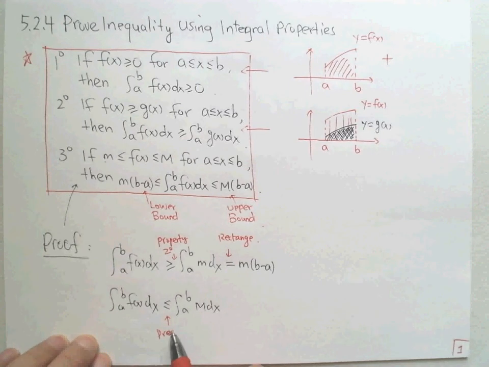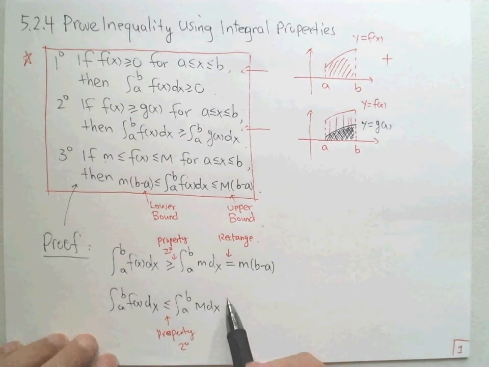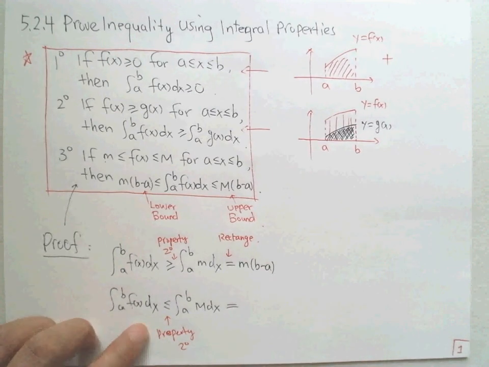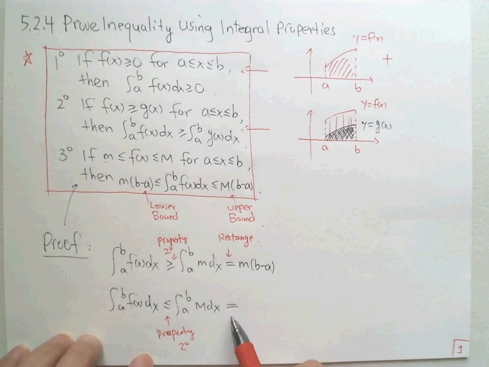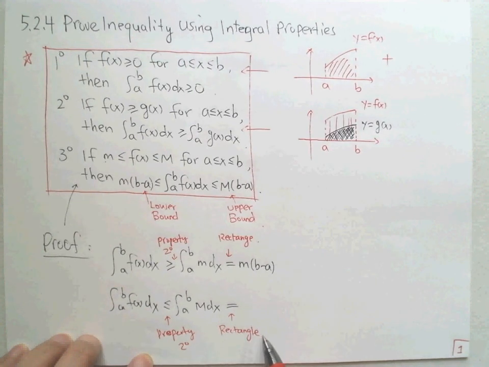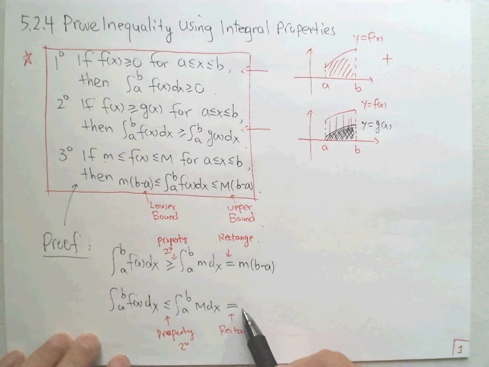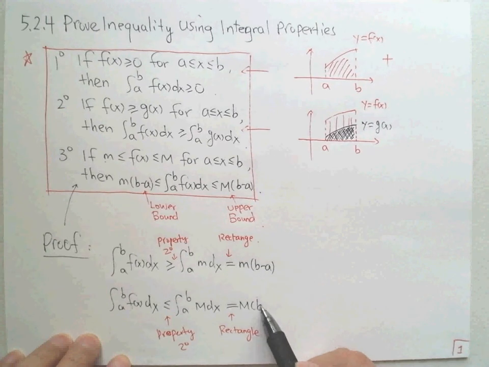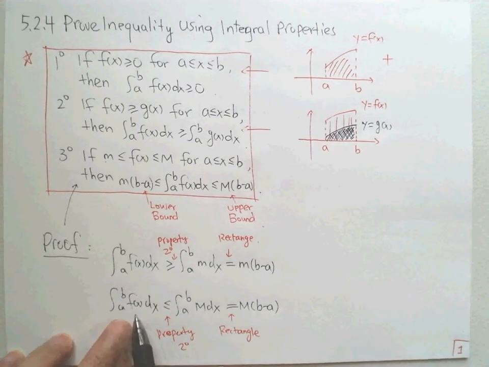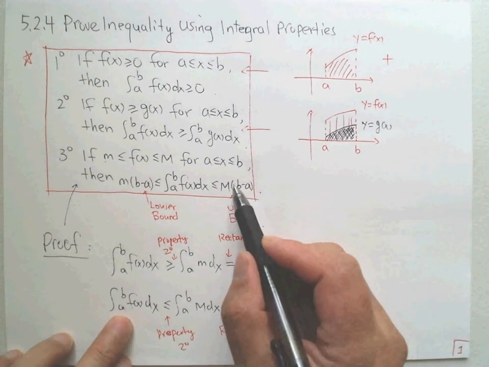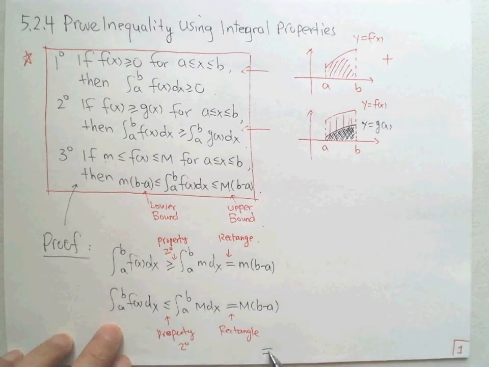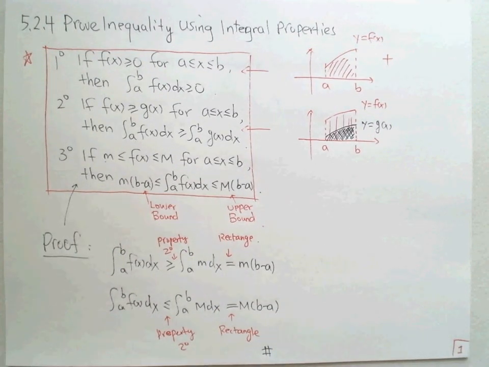And this is a rectangle, so the height is capital M. So for the calculation, what do we have? The height times the width. See, this is bounded by this, so this is the right half. Okay, so in this way we prove property 3 is correct.